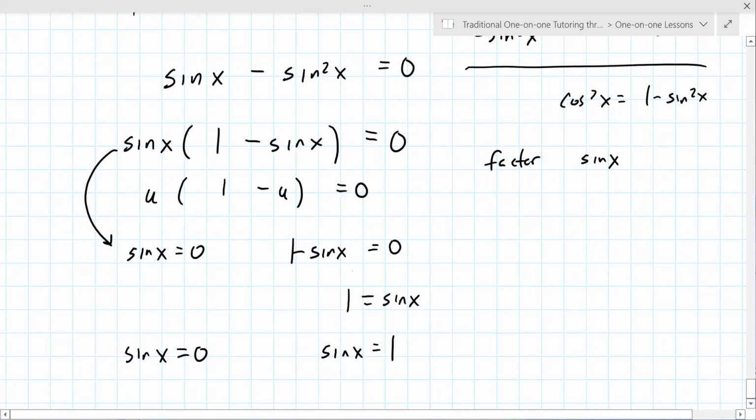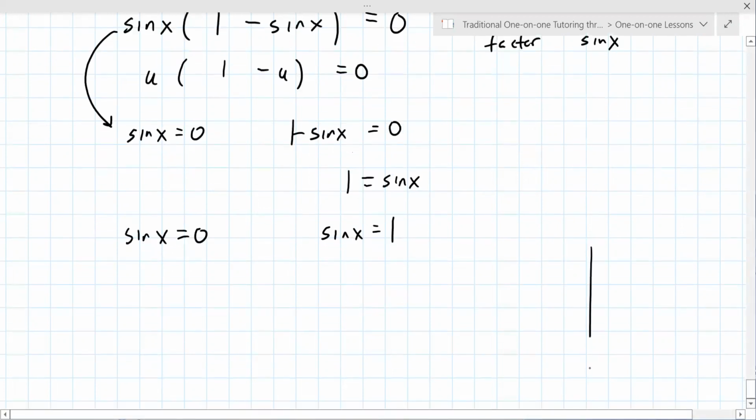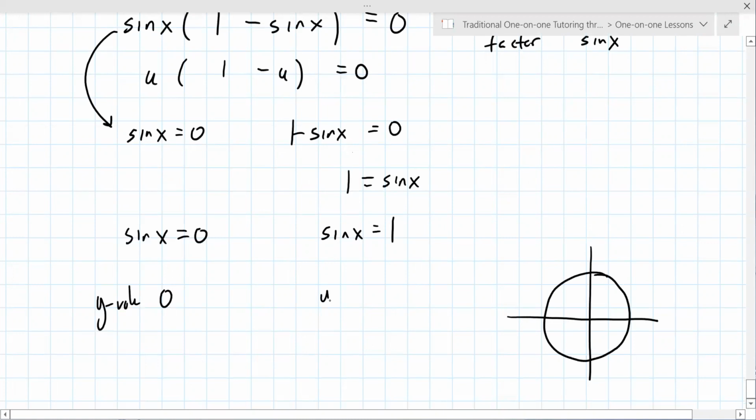So what you're looking for is where on the unit circle the y value is 0. On the left here, y value 0. On the right, y value of 1. At 2 pi.